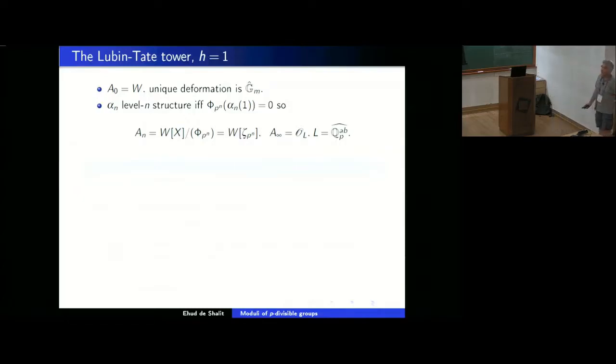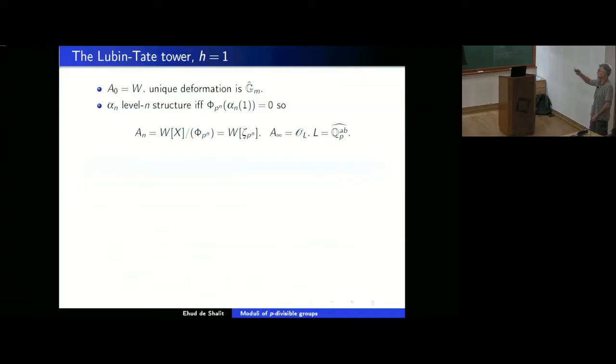So what is the ring that represents this? This is very easy. Over the Witt vectors, it's W[x] over Φ_{p^n}(x). A homomorphism from this to R is such an α_n of 1. But this is simply the ring of integers of the field obtained from adjoining ζ_{p^n}, a primitive p^n-th root of unity, to the completion of the maximal unramified extension of Q_p.